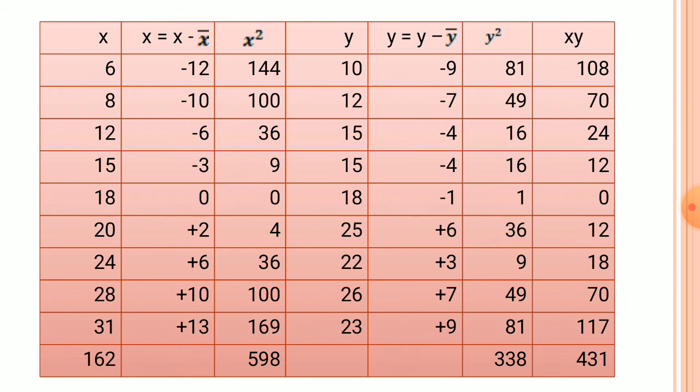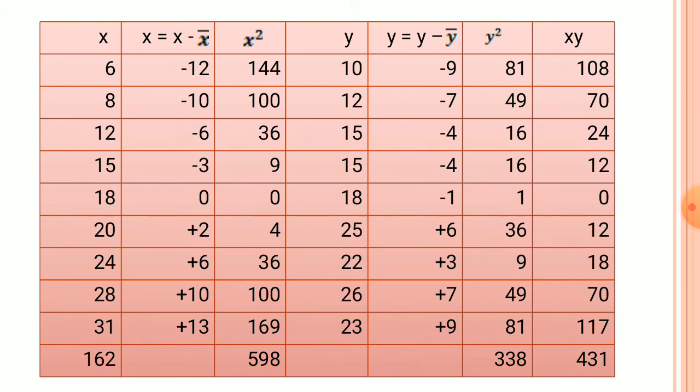Y minus y bar, y minus 19: 10 minus 19 minus 9, 12 minus 19 minus 7, 15 minus 19 minus 4, again 15 minus 19 minus 4, 18 minus 19 minus 1, 25 minus 19 plus 6, 22 minus 19 plus 3, 26 minus 19 plus 7.